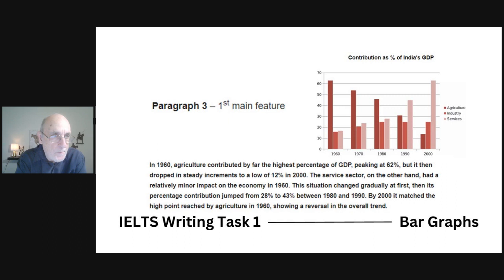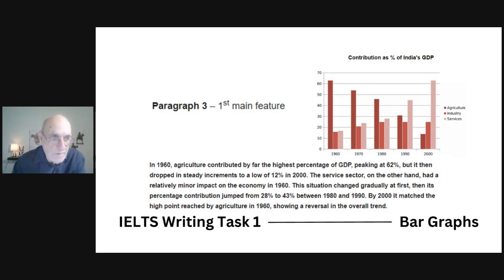Because remember, we're asked to give an overview, we're asked to identify main features, and we are asked to make a comparison. So we've handled that part of the task in this first main paragraph about the details, and this is paragraph number 3.